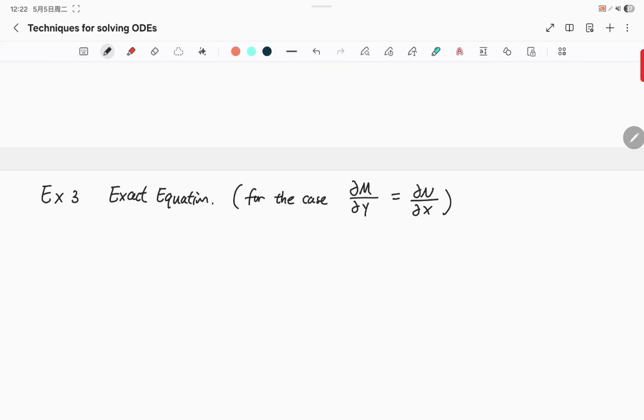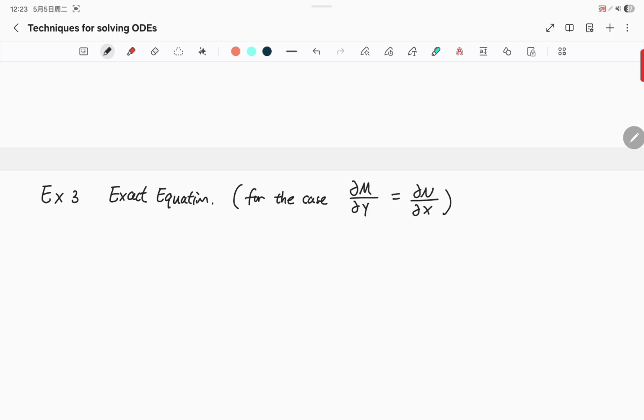The next technique we have is called exact equation. What's special about this technique is that you don't know whether the equation is exact or non-exact, which is my next technique. So the first step is to check whether the equation is exact or not. What does exact mean? Exactness means something is equal to something else. What is this something?